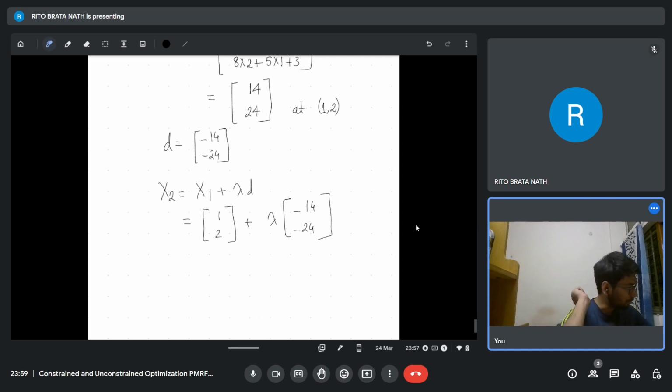If I'm not wrong, just a minute, I'll check it out. Yeah, a2 is 5, so both of them will be 5 and 5. So that's the expression of A matrix.